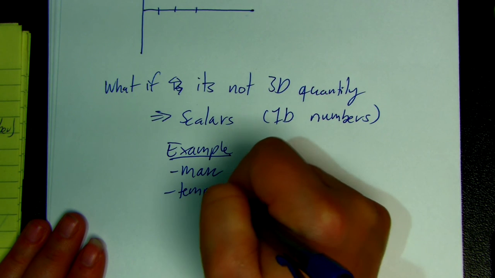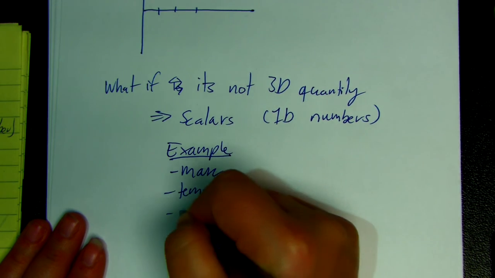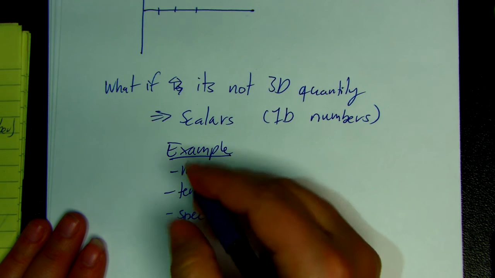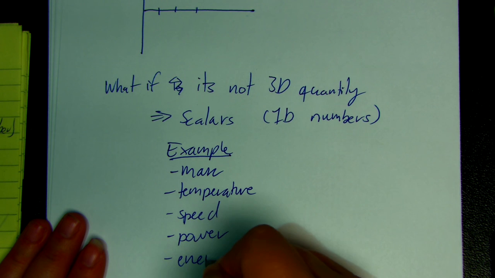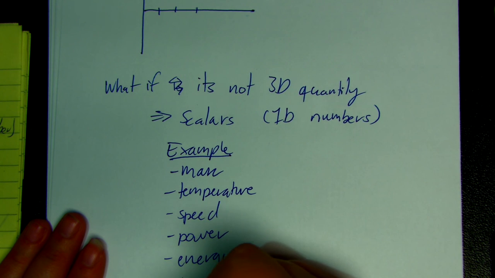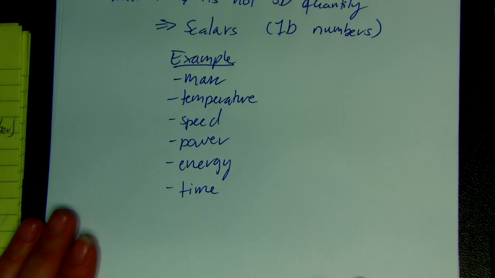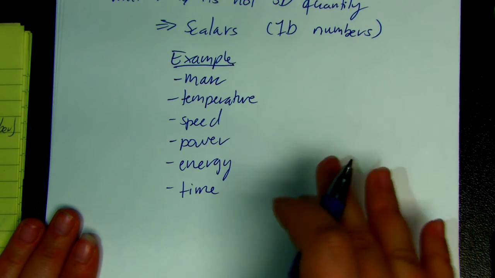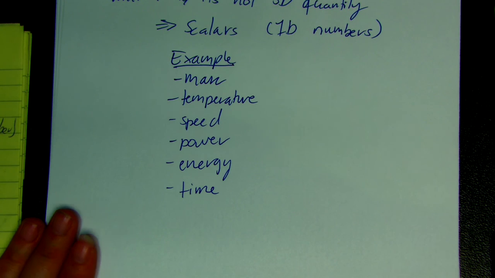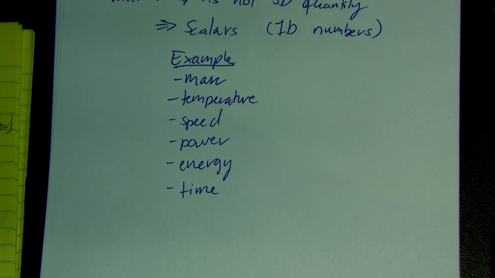Temperature, speed, power, energy, and time. These are all physical quantities that are in one dimension, so they've got a value and a unit associated with them, but no direction.